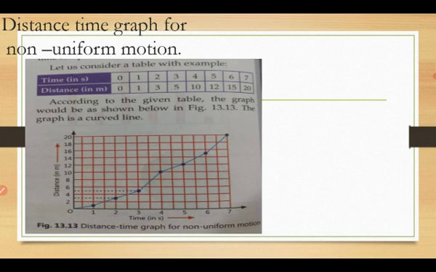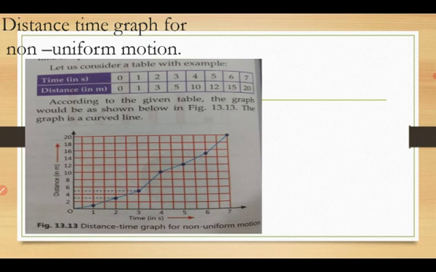Now in this example you can see the object covers different distances in different times. For example, in the first second the object covers 1 meter, in the second second it covers 3 meters, the difference is 2 meters. In the third second the object covers 5 meters, and in the fourth second it covers 10 meters, so the difference between the third and fourth second is 5 meters. So this object does not cover equal distances in equal intervals of time, and when we draw the time-distance graph we get a zigzag line.